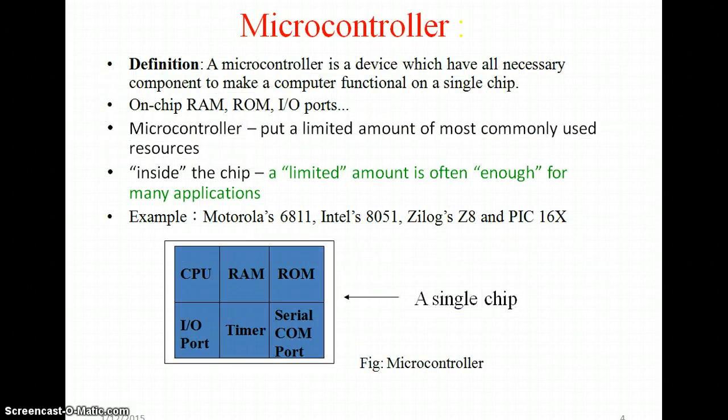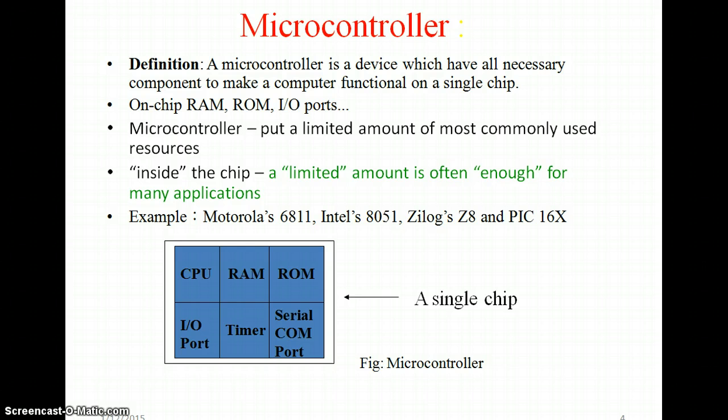And on the other side, microcontroller can also be defined. It is a device which has all necessary components to make a computer functional on a single chip. These are the necessary components: RAM, ROM, input output port. On the basis of this diagram, you can make a clear idea about the microcontroller.